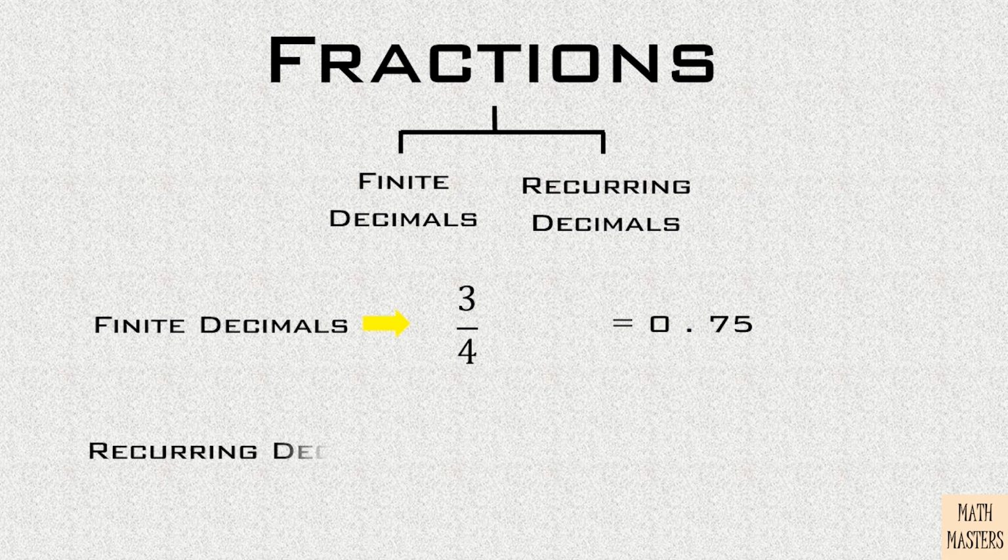Fractions such as 1 over 3 are equal to 0.3333, and it never ends. Since the number 3 is repeating forever, we can denote it as 0.3 bar, which means the 3 repeats forever. These types of fractions belong to the category of recurring decimals.